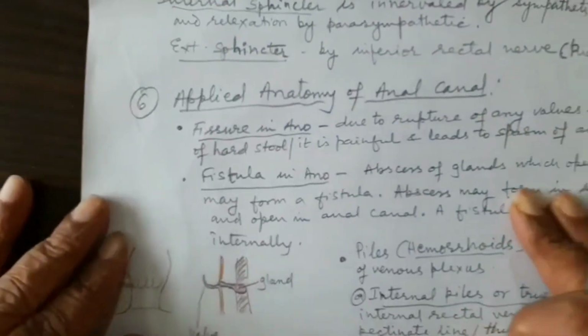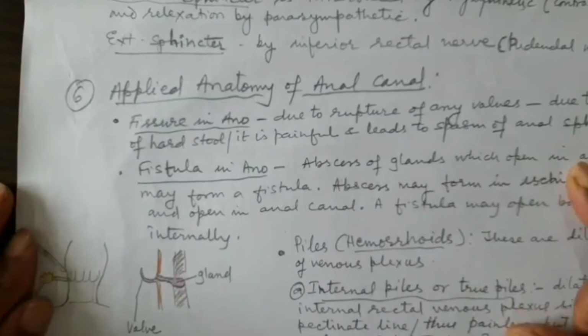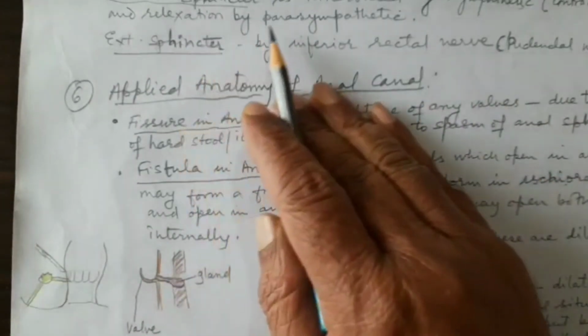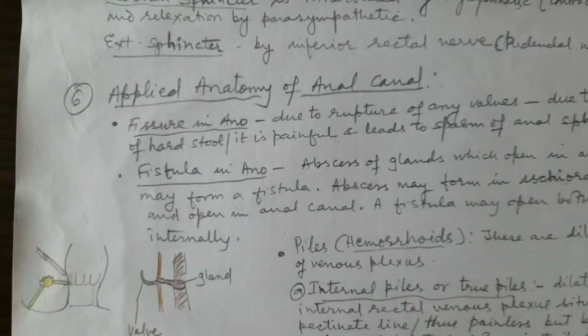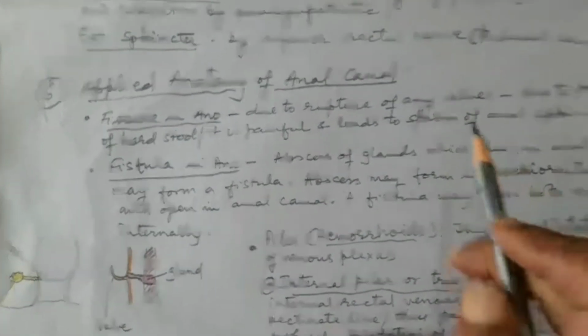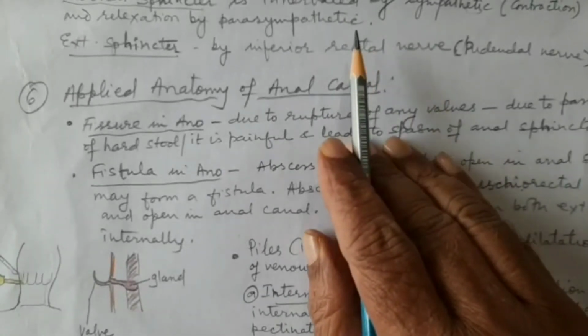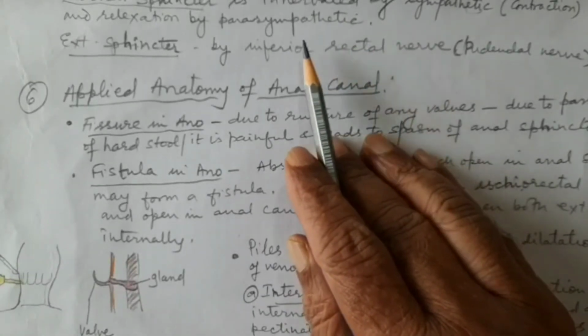Let us come to the sphincteric innervation, the innervation of the sphincter of the anal canal. The internal sphincter, which was formed because of the thickening of the circular muscle coat, is involuntary, smooth muscle.